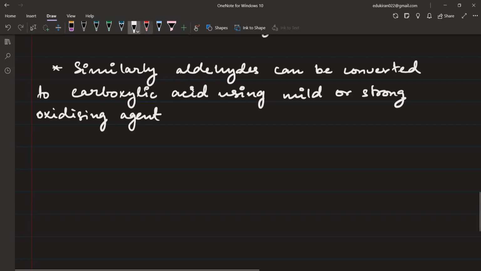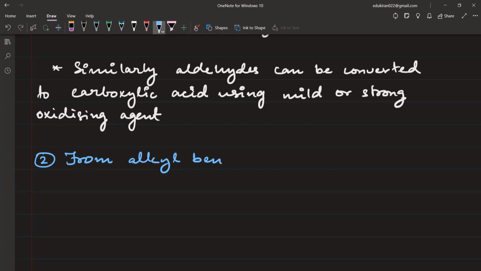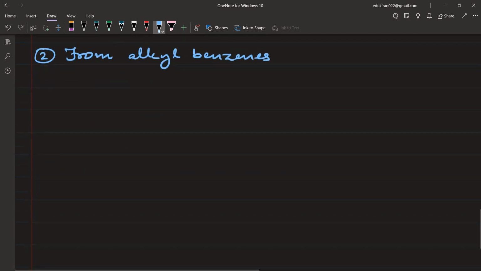From alkyl benzenes. Second one, from alkyl benzenes. Now, in alkyl benzene, this is important. First of all, it doesn't matter how many carbon atoms are there in the alkyl chain length.